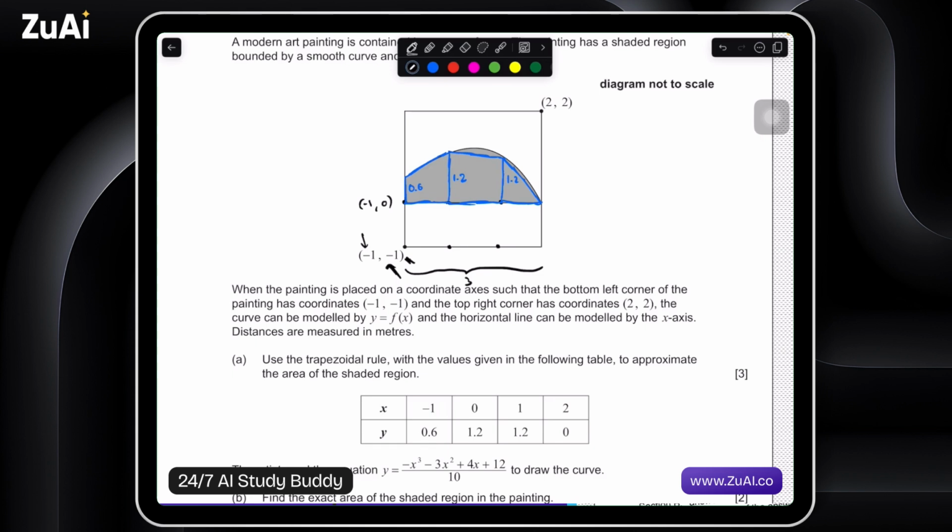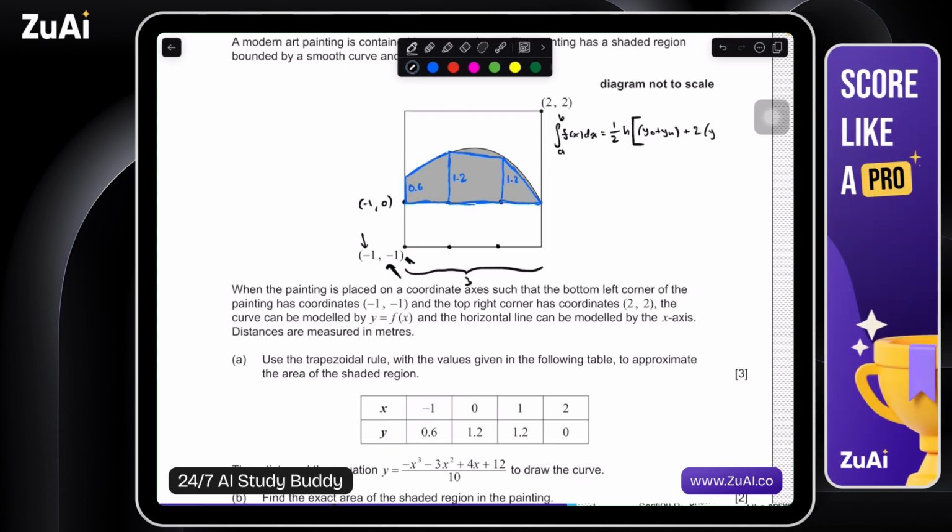It's the area under a curve with some starting point and ending point of some function f of x, and it can be given by 1/2 h, and then we open up some brackets and we have y0 plus yn, the starting y value plus the final y value, plus 2 times y1 plus y2 plus all the way up to yn minus 1.